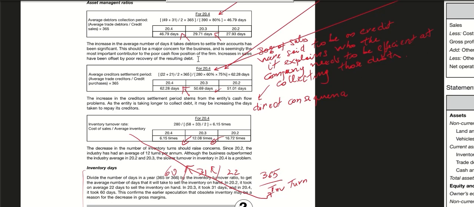And as you can see, it has also been increasing. I'm talking about this company, obviously. It has been taking too long to settle. It started in 2022 with 51 days. It rose in 2024 to 62 days.